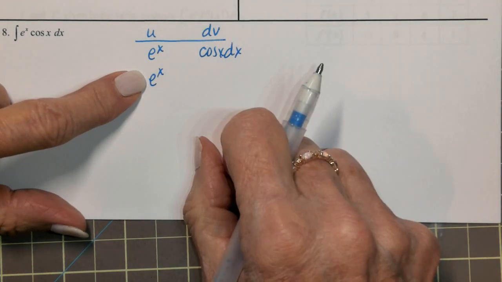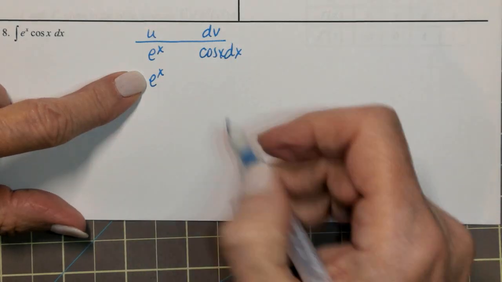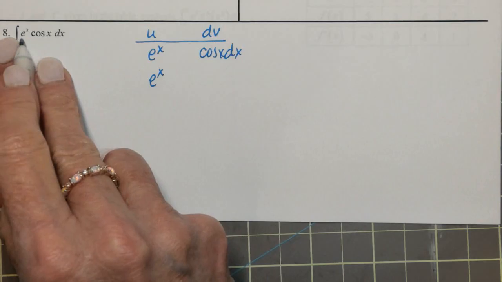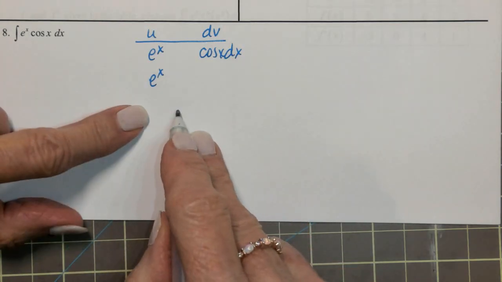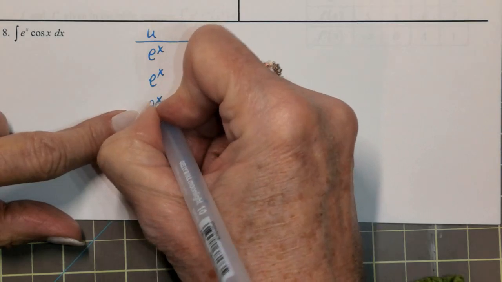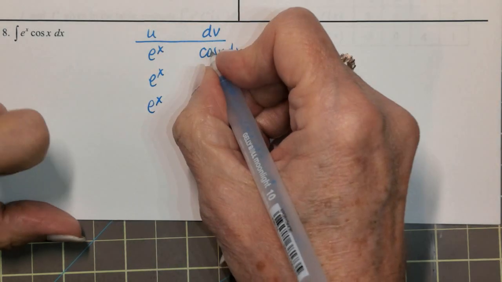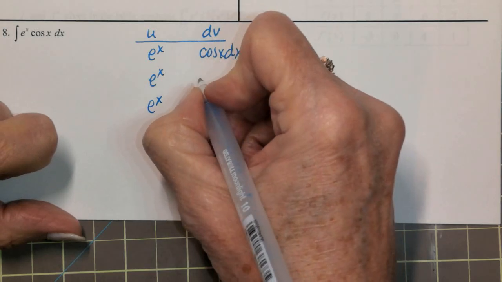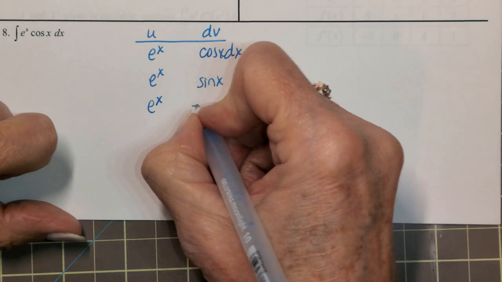But I know these problems. I know that when you have an exponential times a trig like this, chances are you need to go one more step. One more step, okay? The integral of cosine, keep the sign. Integrate sine, change the sign.